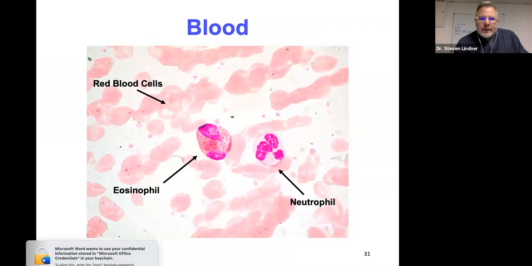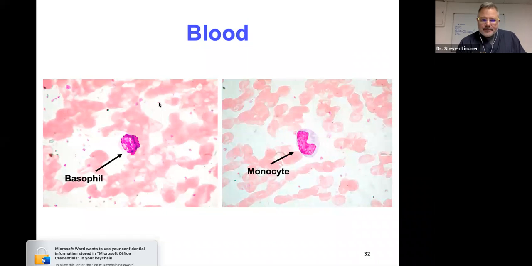Okay, so if we look here, this one has 1, 2, 3, 4 heads to the nucleus. That's a neutrophil. 1, 2 heads to the nucleus. That's an eosinophil. All of these are red blood cells. This is granular. Can't really see the nucleus, but lots of dots and granules.